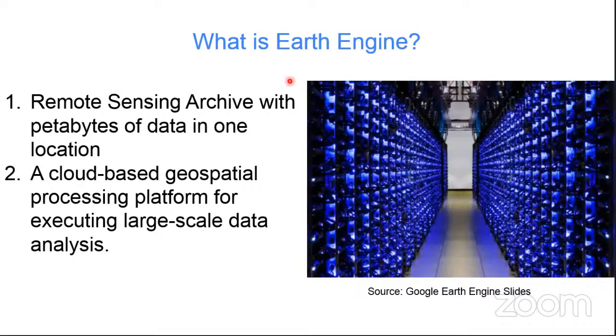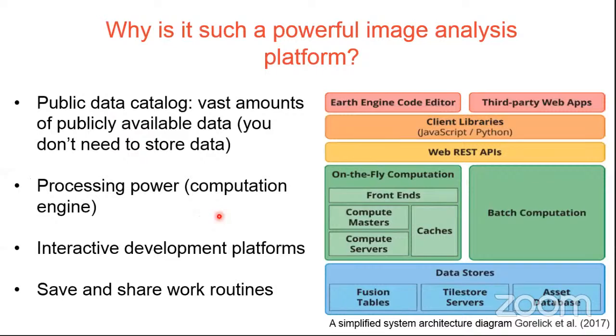So in simple terms, what is Earth Engine? Earth Engine is an archive of remote sensing data with petabytes of data in one location, and it is a cloud-based geospatial processing platform for executing large-scale dataset analysis. Why is Google Earth Engine a powerful software? Because it has a public data catalog, meaning most of the freely available datasets are available in Google Earth Engine.